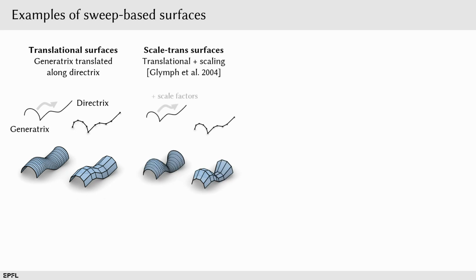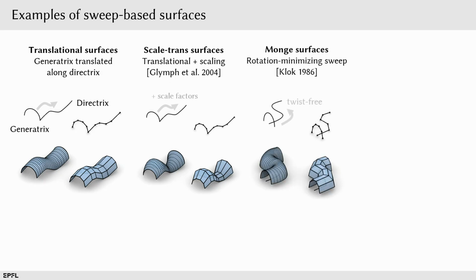We have scaled translational surfaces that are generalizations of translational surfaces in which, as the name suggests, the generatrix can also be scaled during the sweep. Monge surfaces are a bit different because the generatrix is kept in the plane orthogonal to the directrix and swept without twist along the directrix, according to a rotation minimizing transport.